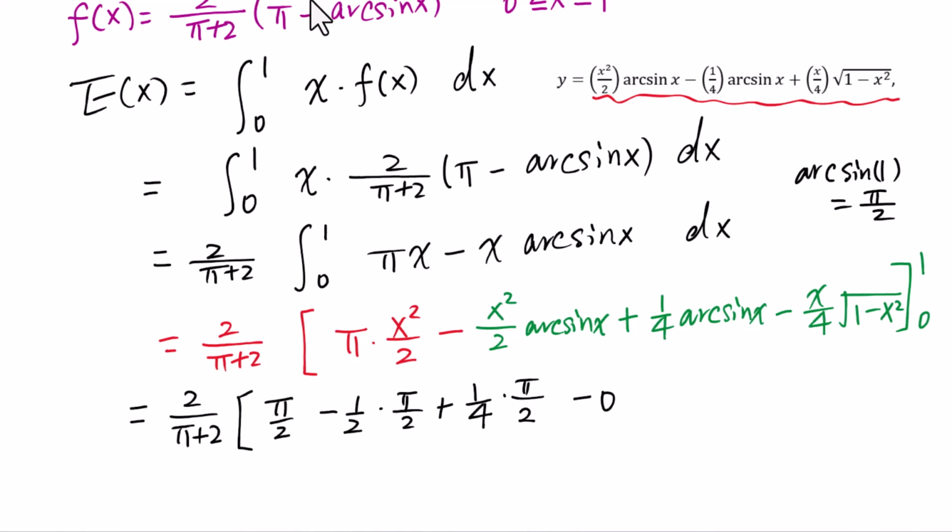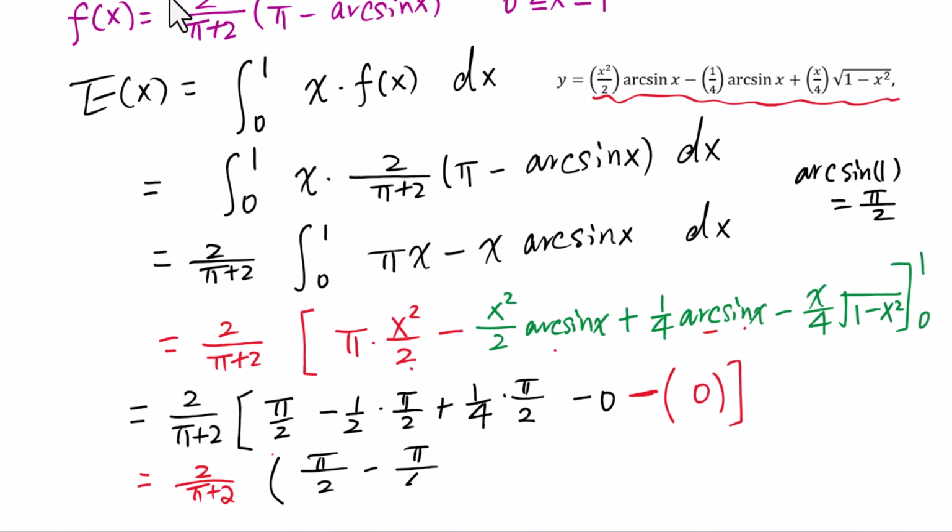Then remember, subtract, parentheses, substitute 0 for x: 0, 0, 0, all 0. So we get 2 over (pi plus 2) times (pi over 2 minus pi over 4 plus pi over 8).